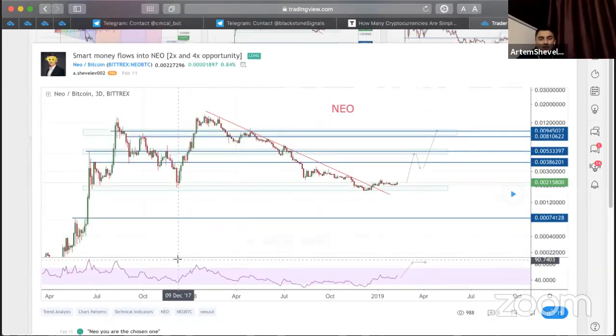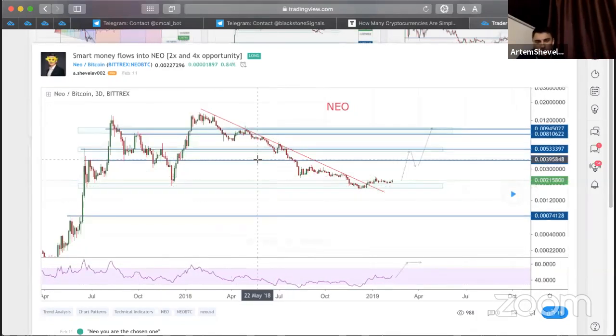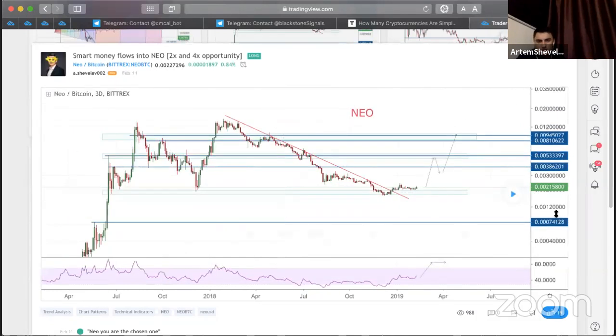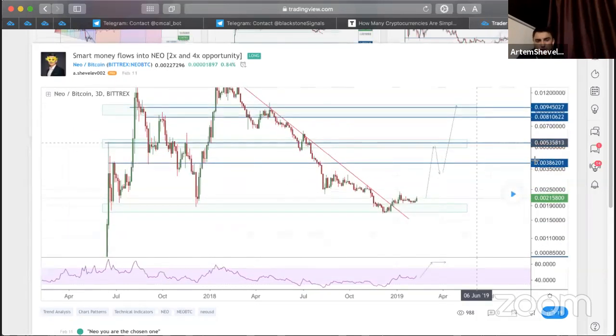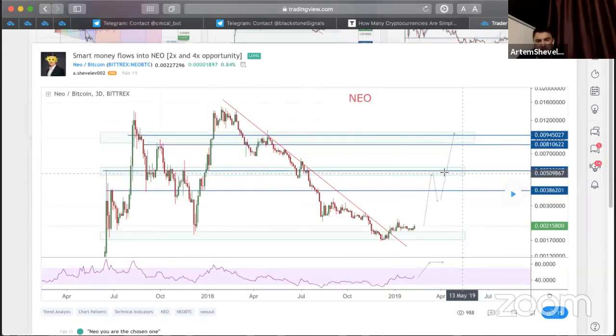So for those who are asking about NEO today, yeah, this NEO is looking really good. It's really, really bullish. A 2X on BTC will make you 4 or 5X in USD. So keep it in mind, okay?